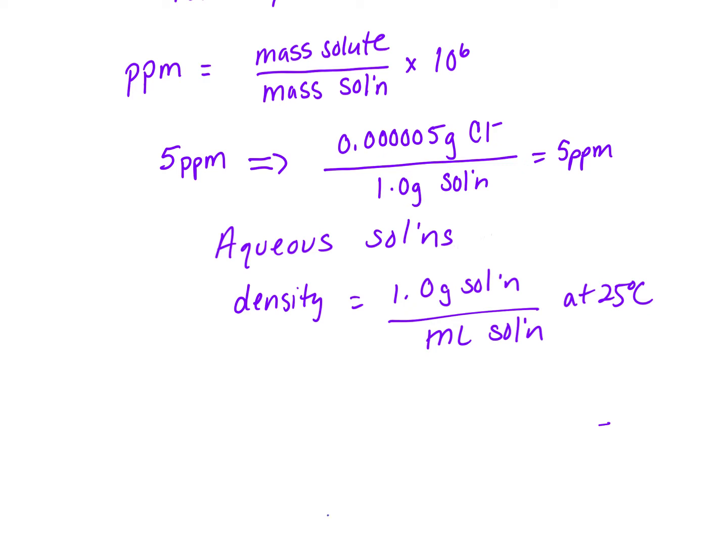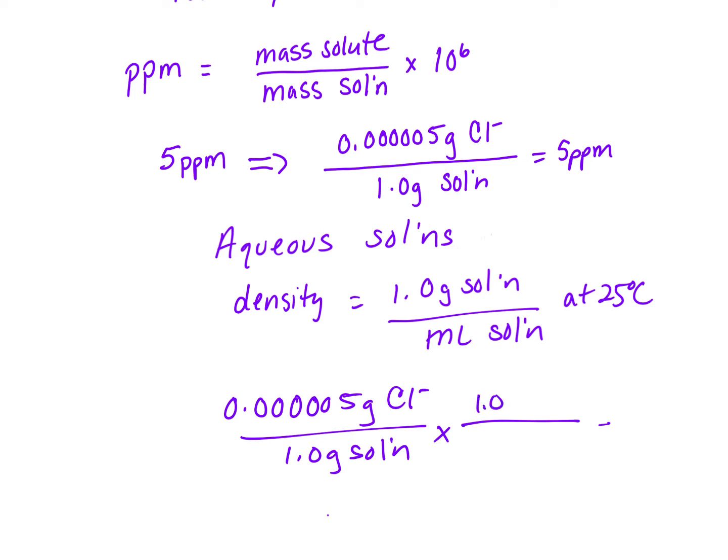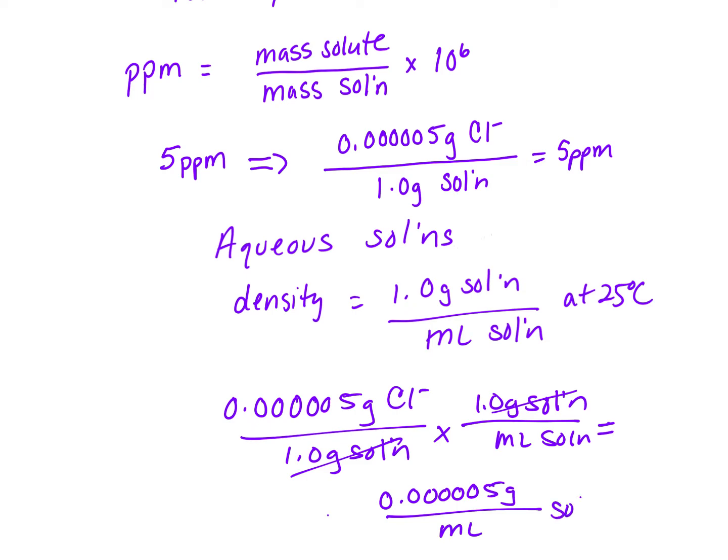We'll take the 0.00005 grams over the 1 gram of solution, use our density, and we will end up with, so the grams of solution cancel, 0.00005 grams per milliliter of solution.